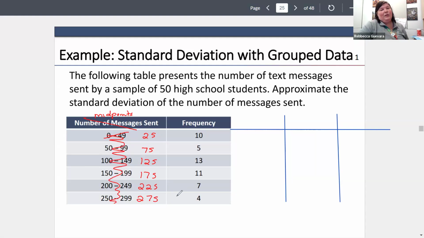Okay. So then what we need to figure out is the mean. If we want our approximate mean, we're going to take each one of those midpoints and multiply it by its frequency.